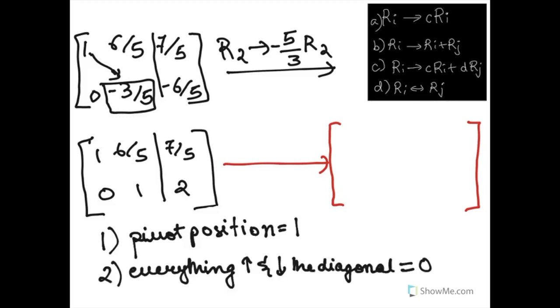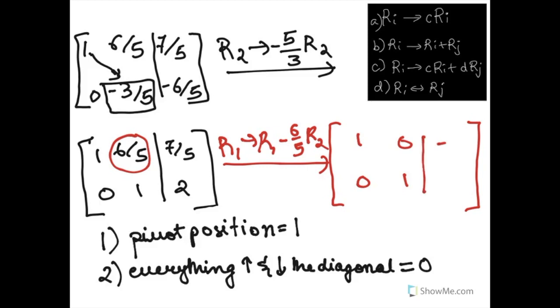We've almost achieved that. In order for this component to be 0, we need to perform row 1 substituted by row 1 minus 6 by 5 row 2, which will give us 1, 0, negative 1, 0, 1, 2.